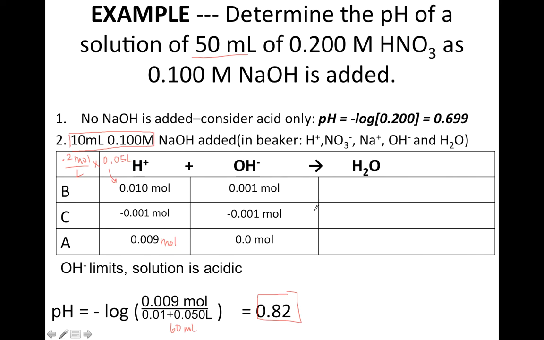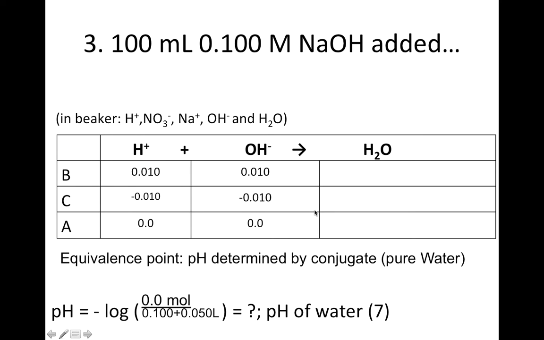The next data point, if you flip over your note taker, is what happens if we add 100 milliliters of 0.1 molar sodium hydroxide. That means in our beaker now we've got protons, hydroxides, and water, and we have these two spectator ions, nitrate and sodium. This is the amount of hydrogen that we started with.